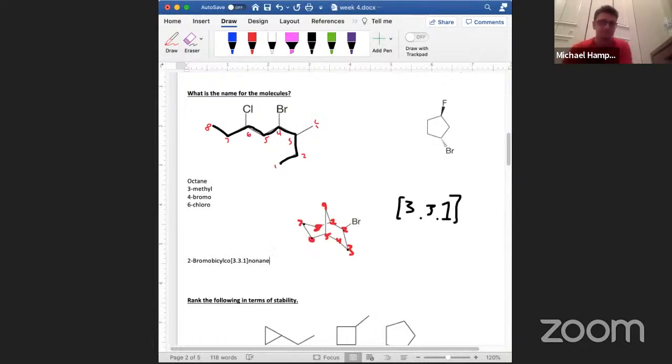Does it matter if you put the dashes between the labels? Like the name, so like 2 bromo dash bicyclo 331 dash no name. Does it matter or it doesn't? It doesn't really, because you're not really saying anything else.